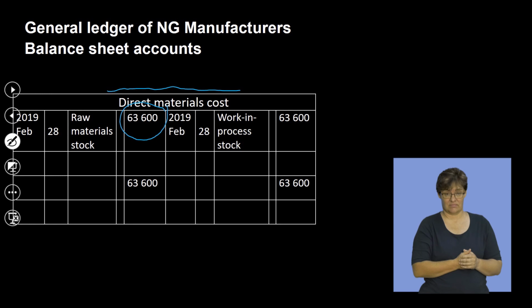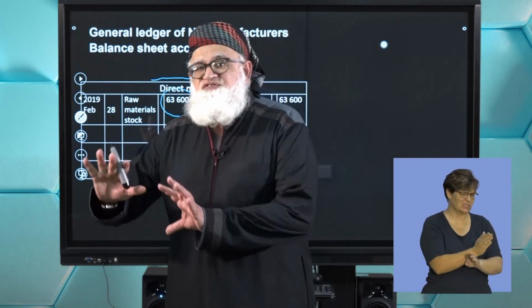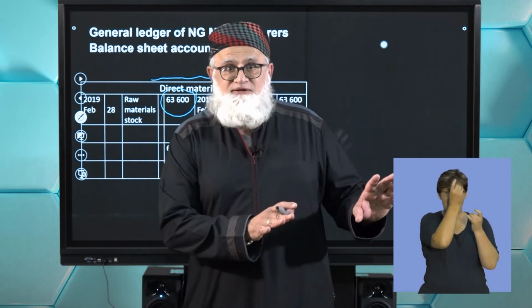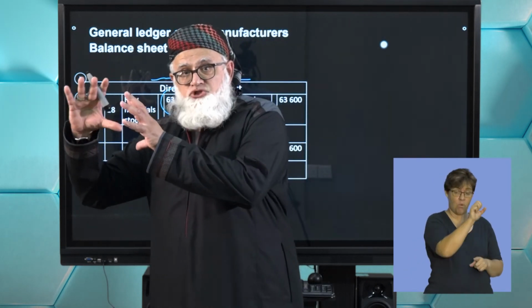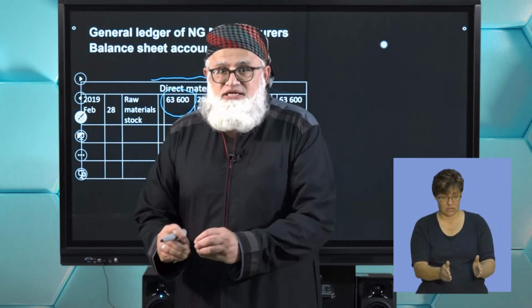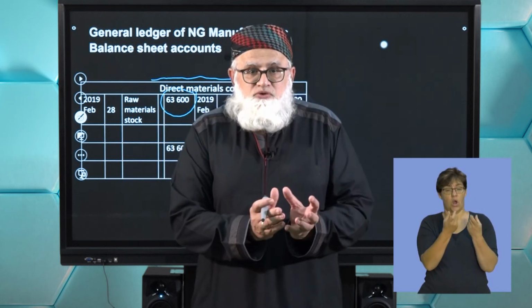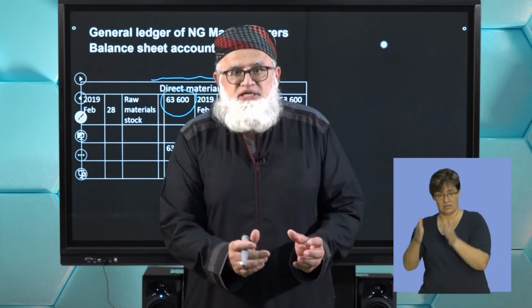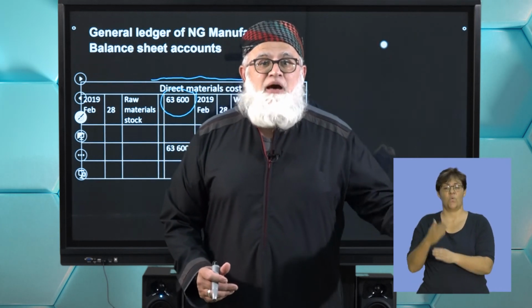Okay, so remember, in our previous lessons, we spoke about the flow of information. As you can see, from my raw materials stock account into my direct materials cost account, and from my direct materials cost account into my work in process.